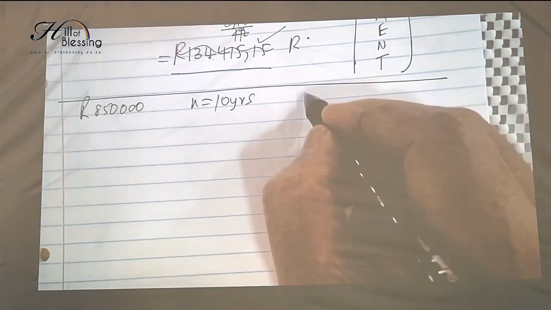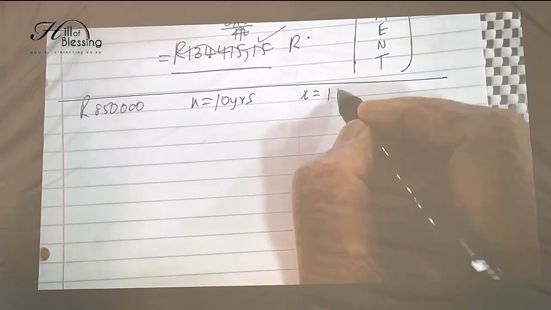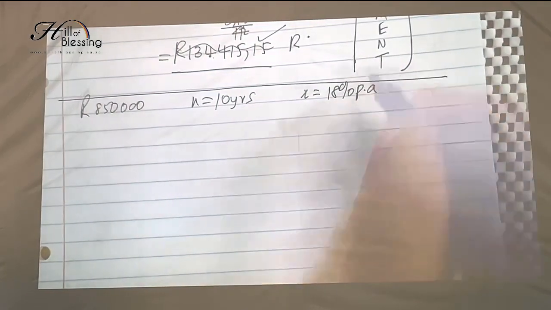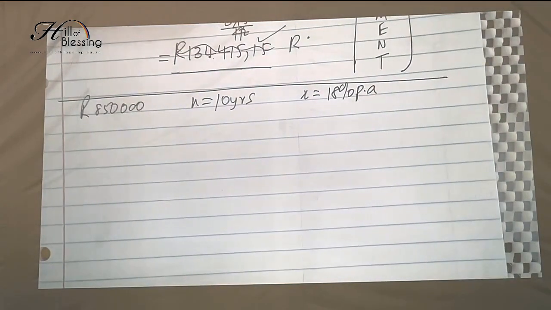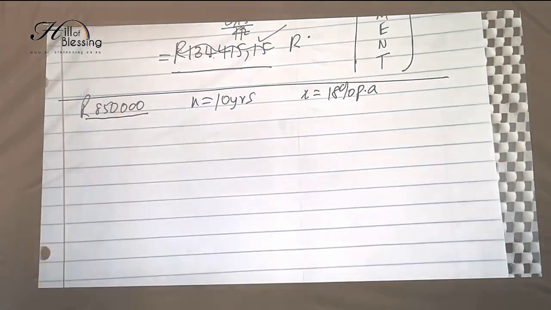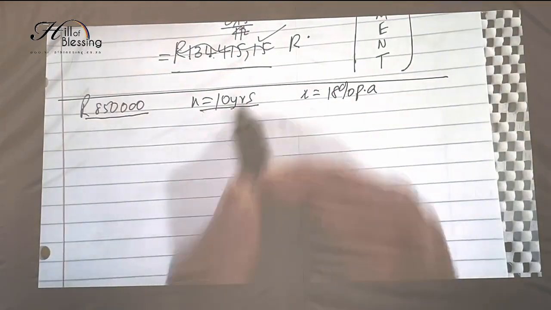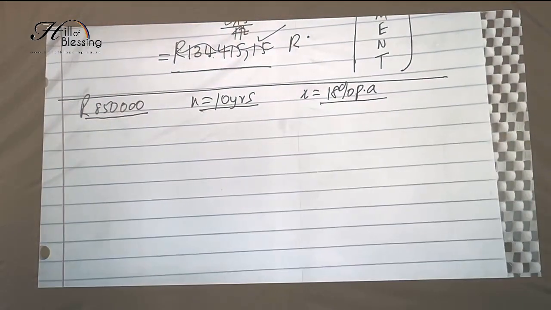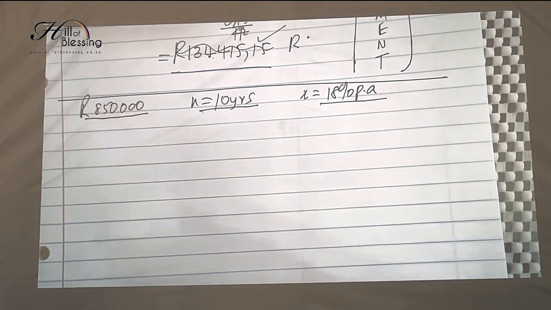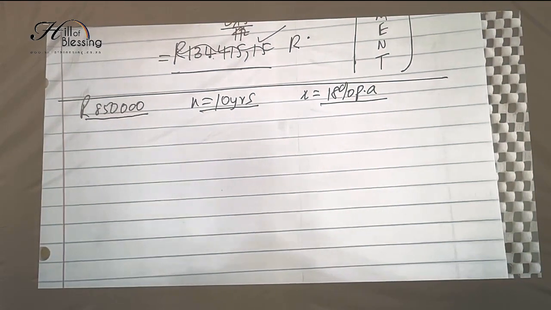So the interest rate here is, let's say, 18% per annum. Now I have a question. The question is saying this: how much a month must I put aside in order to get 850,000 in 10 years at that interest rate? So what is the unknown? When I said how much a month, which is the unknown? X. Can you do this question for me? Same formula.